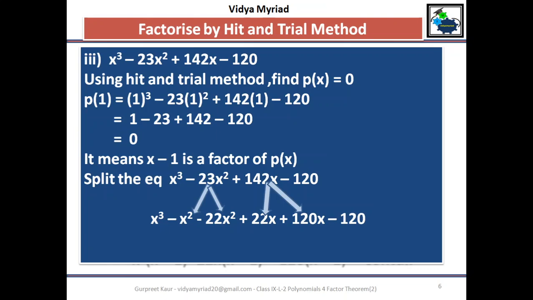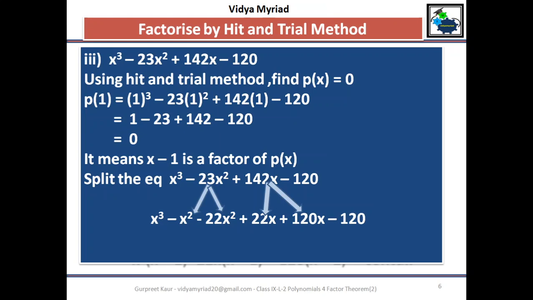Now when I want 120 at the end, okay, so 142 can be easily split. I made it into 22x and 120x. This is my one pair where I have done the breakup of 142. Now if you look at 22x, okay, I need to break 23x square.